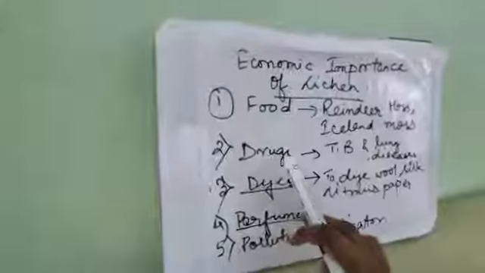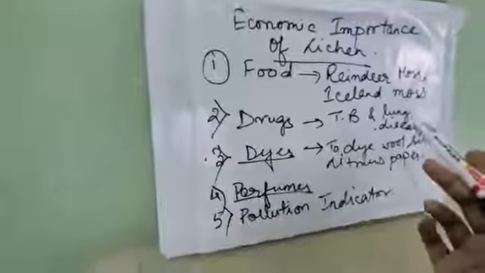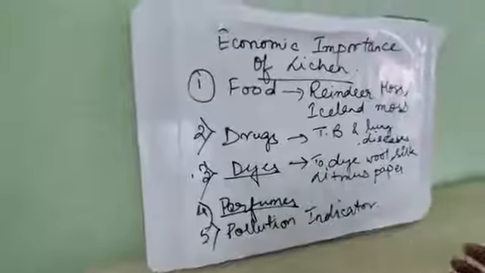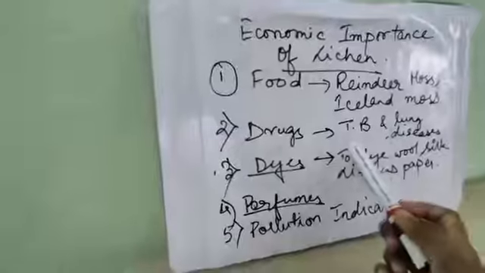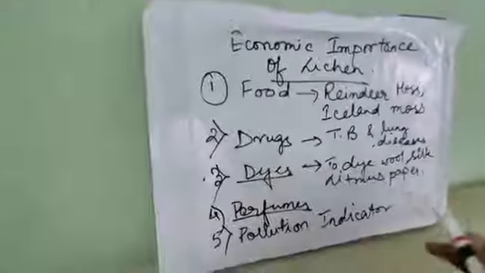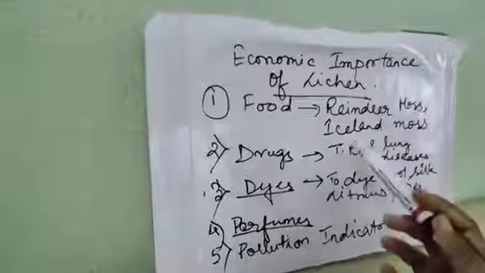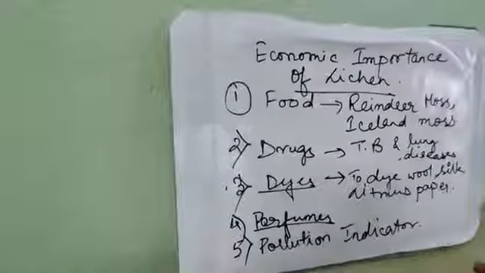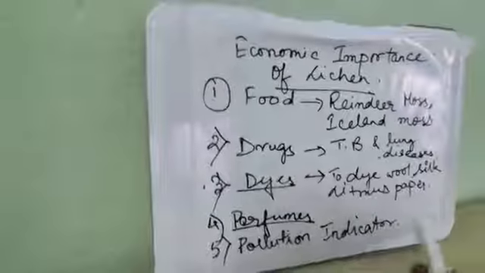Next are drugs, or medicine. Different types of drugs and medicines are prepared from different lichens, used in diseases, mainly lung diseases and respiratory diseases like TB, or tuberculosis. The drugs obtained from lichen are highly used for curing these diseases. Next coming dyes, or color.